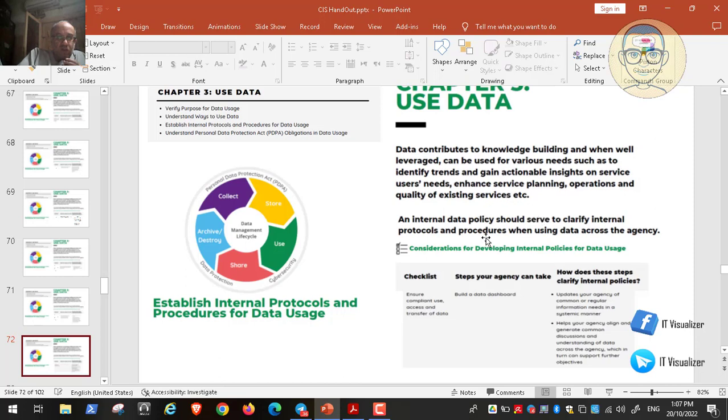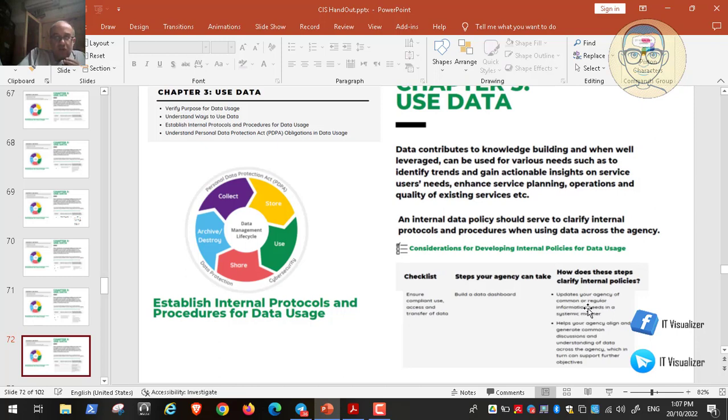Your internal data policy should be in line with your country's data policy, or with the ministry, for example, if you are related to a certain ministry such as the Ministry of Business. You should have your internal data policy compliant with the Ministry of Business data policy, for example.